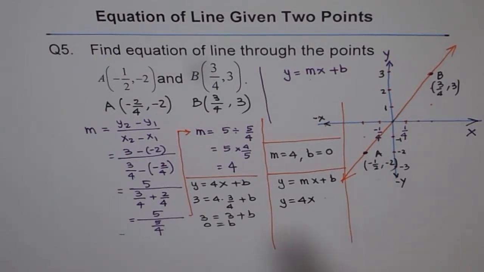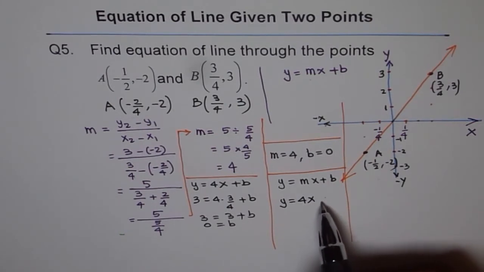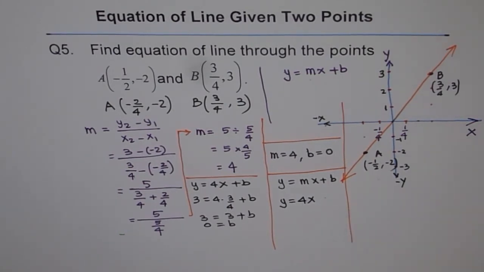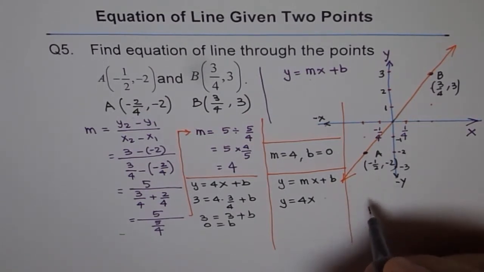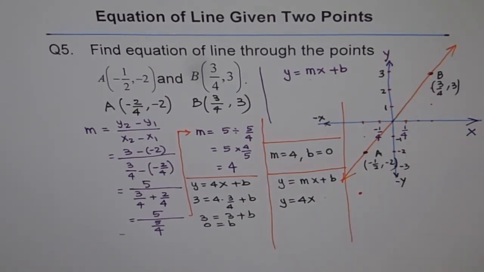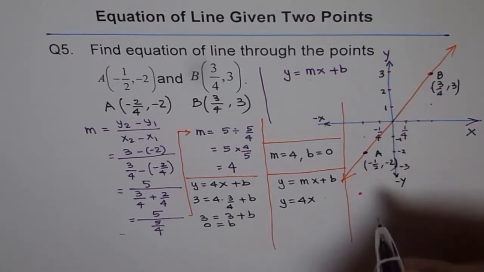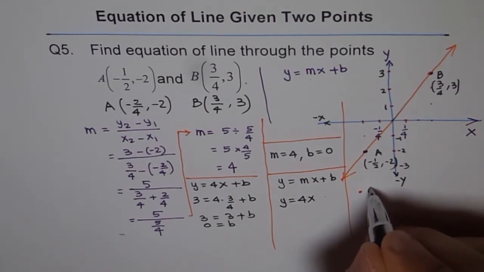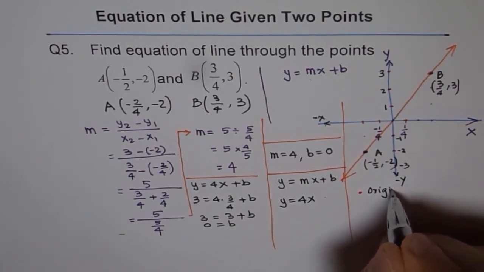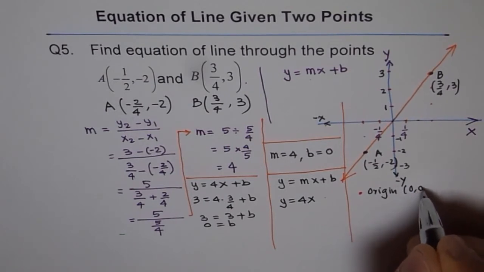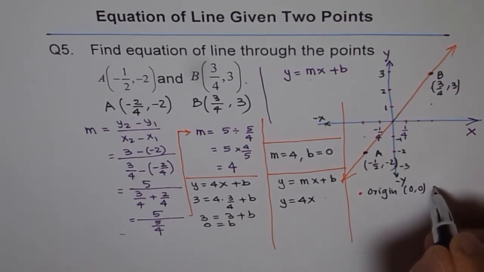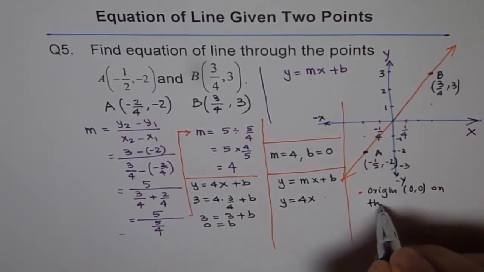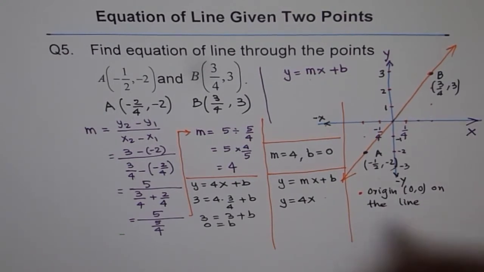That is interesting. If we don't have any value plus or minus with 4x, it means what? It means a couple of things. Let's summarize all these things. Can you help me doing so? First, the line goes through the origin. So that means the origin is on the line. Let me write like this. The origin, the point of origin, that is 0, 0, lies on the line. That is very important, right?